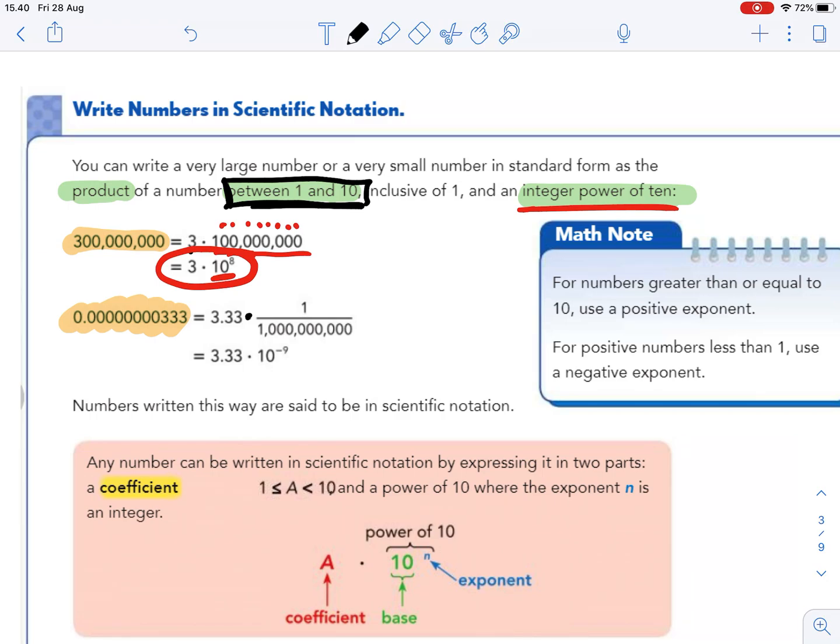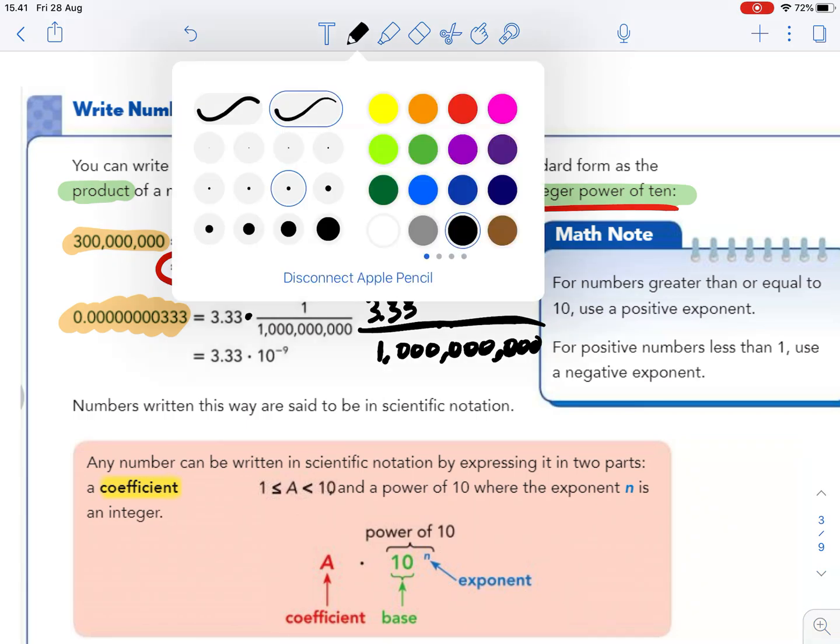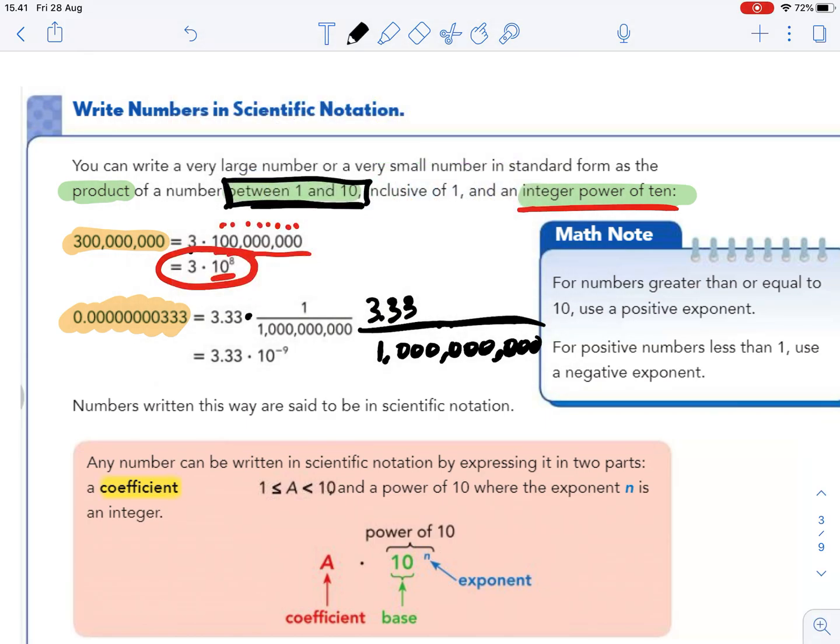So times 1 over 1 billion. Because division is just multiplying by a fraction that is smaller than 1. All right? And so we know with our exponent rules that 1 billion has 9 zeros, so I can write that as 1 over 10 to the 9th.